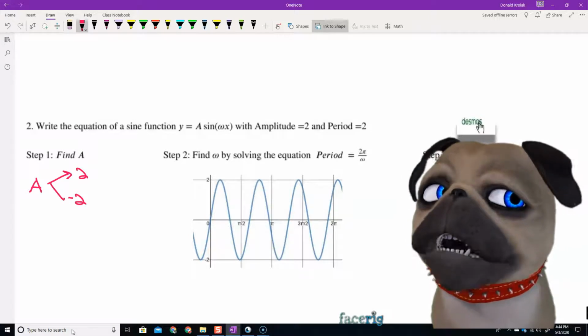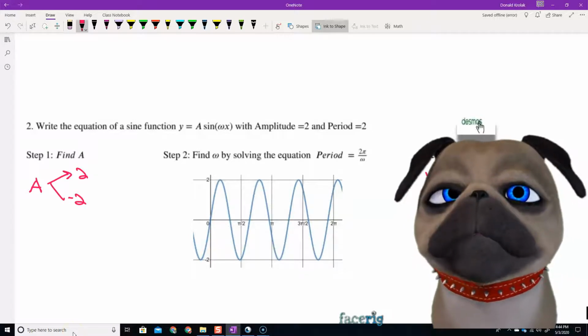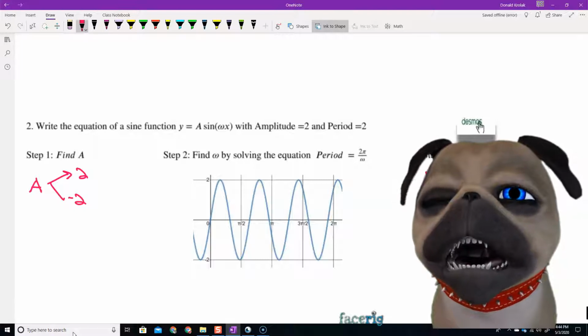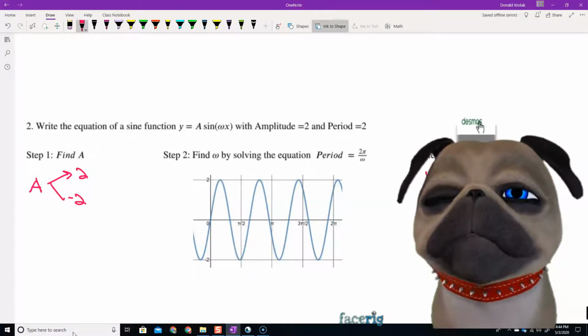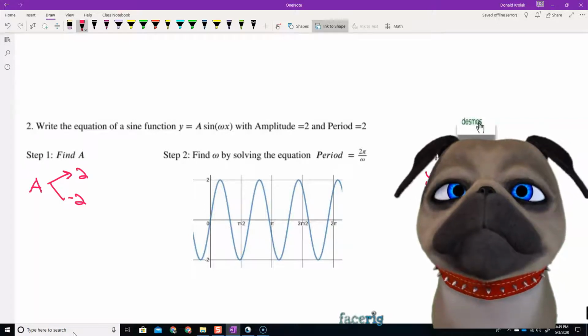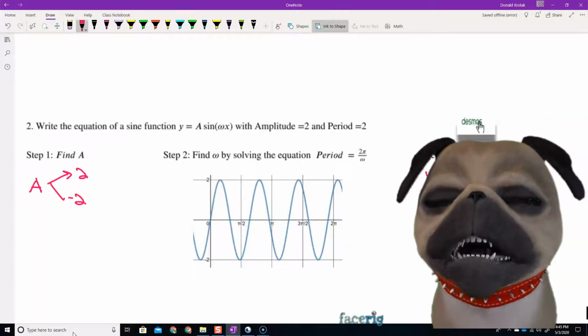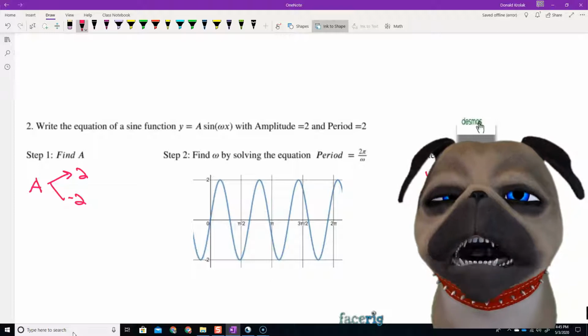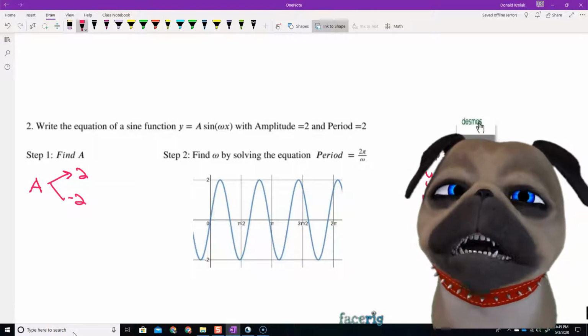Both of them have the same amplitude. So when I write my equation over here, I'll have one equation with a -A, and I'll have one equation with a +A. Both of them have the same amplitude though.